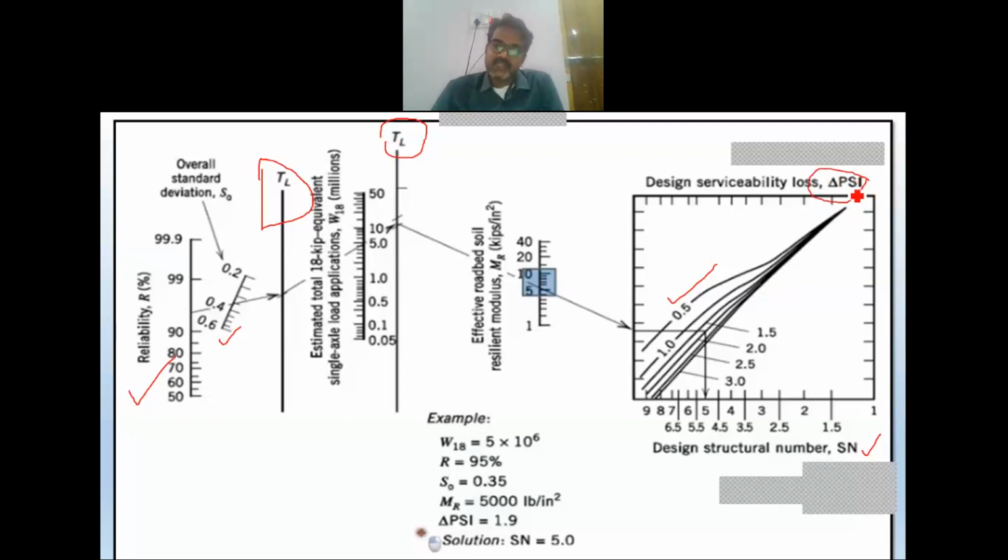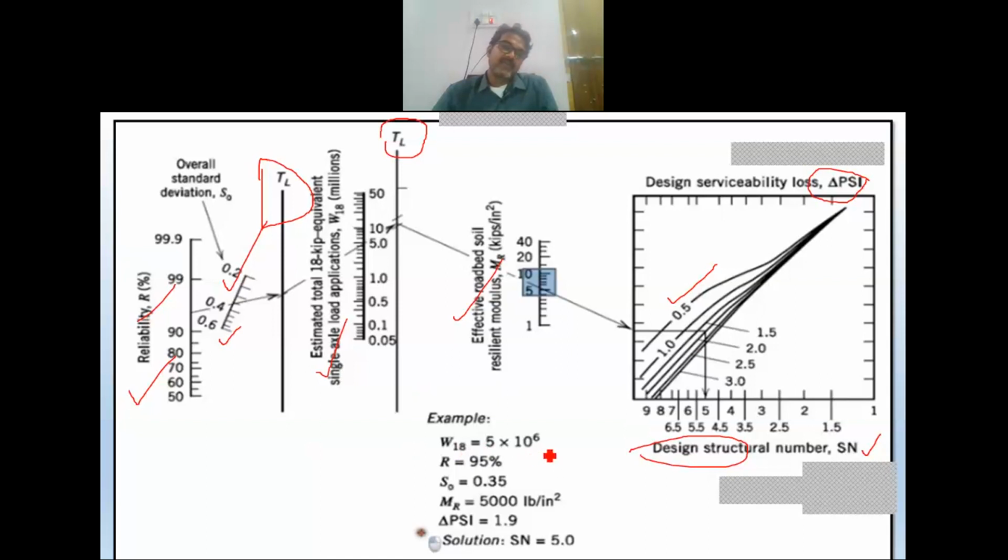If you see this chart, the reliability percent is known, the standard deviation is known, traffic intensity is known, effective roadbed soil resilient modulus is known, and delta PSI is known. Then the only thing you need to read is the design structural number.